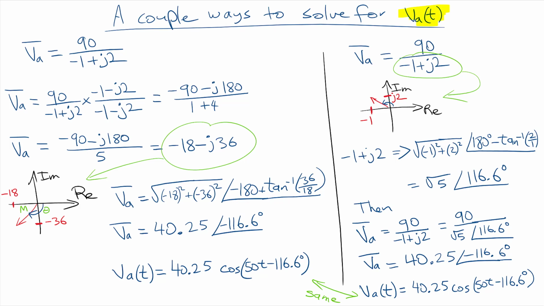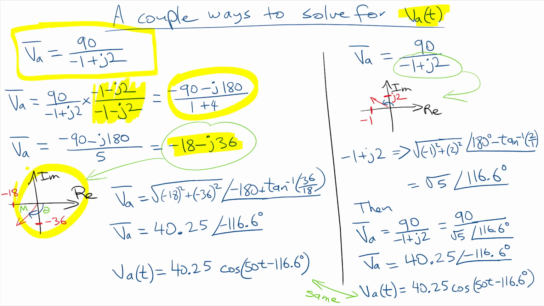So what we did just now is solve for VAB using the complex conjugate. We got an intermediate form. We worked it and found the rectangular coordinates, then plotted that on the complex plane and did Pythagoras to get the magnitude and some trig to get the phase angle.